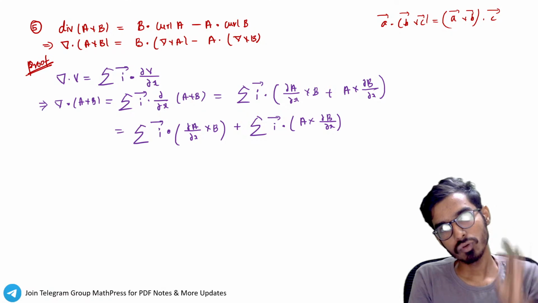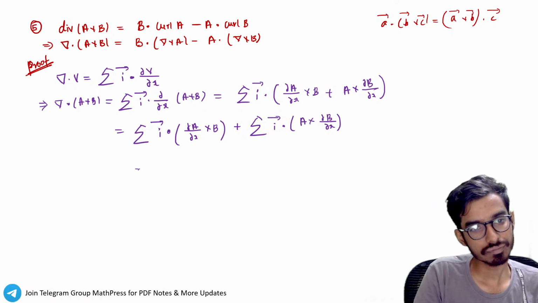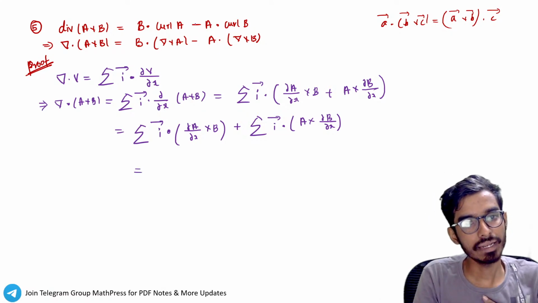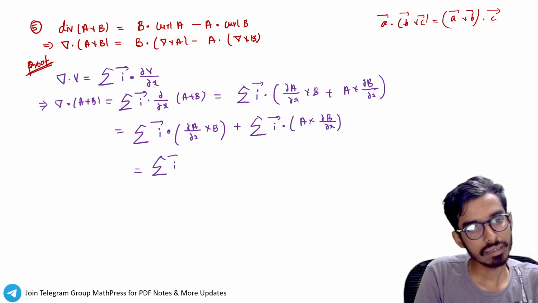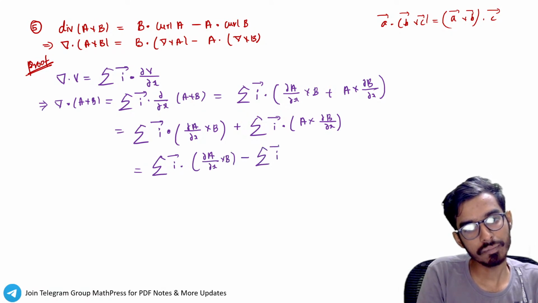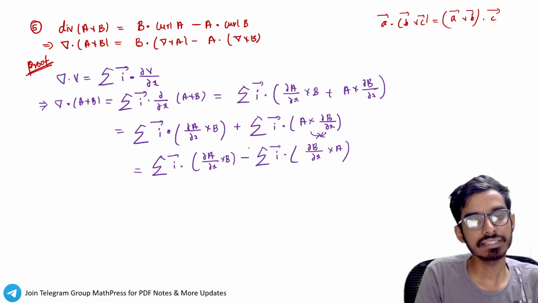Now we need minus here. What I'll do is, let us keep this as it is, i dot dou A by dou x cross B. I'm just putting minus here, and I'm shifting dou B by dou x cross A. I'm just interchanging these two, and I'm putting minus here.